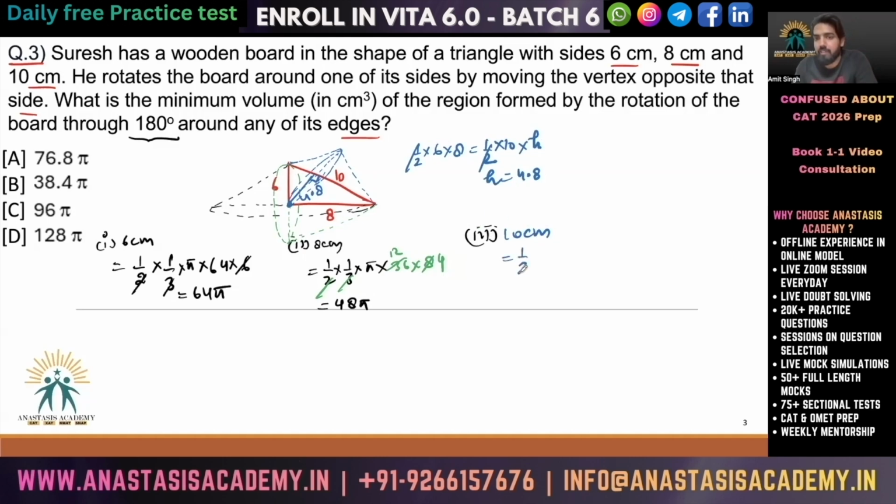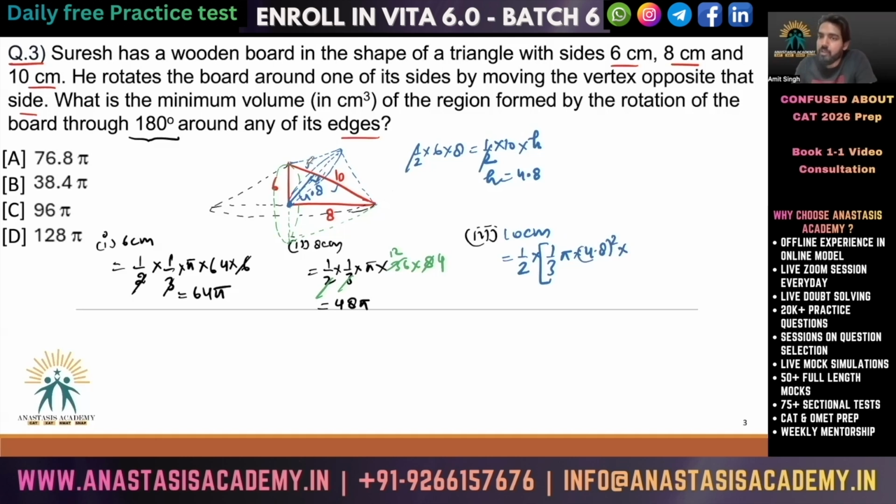So the volume when it is rotated around the 10 centimeter edge would be half cone 1/3 pi. Okay, I know there are two cones, right? The upper cone and the lower cone. So half of the two cones, and 1/3 pi r square. Radius is 4.8 for both these cones, right? So it would be 4.8 whole square into height.